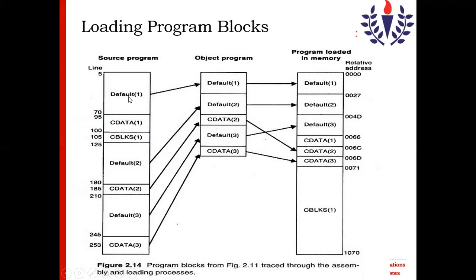In that, the default and C data are the program blocks that we have created using the USE statement. When these programs are mapped into memory, these are the addresses before object code, and these are the addresses after object code. So this is the object program, and it will be mapped into memory.